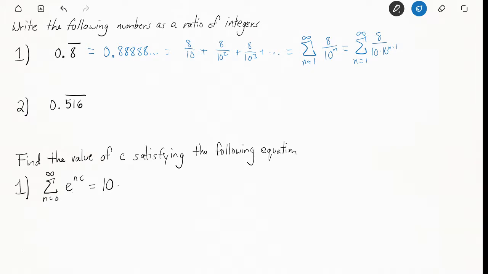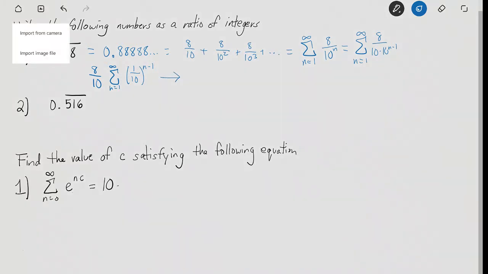So in this case, we can pull the 8 tenths out in front, so you get 8 over 10 times the summation, n equals 1 to infinity of 1/10 raised to the n minus 1. So that means a equals 8 tenths and r equals just good old 1/10.